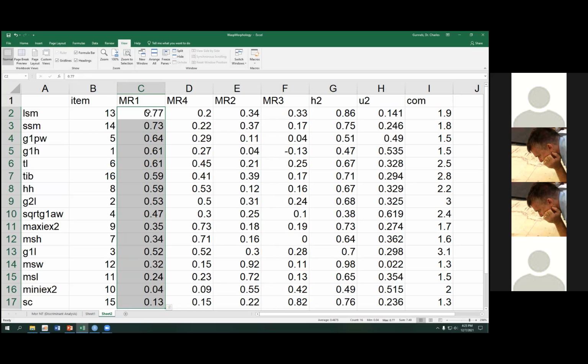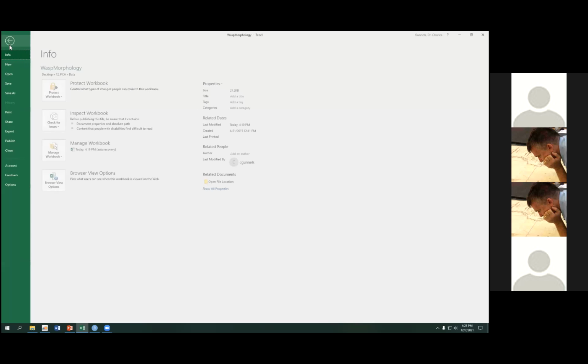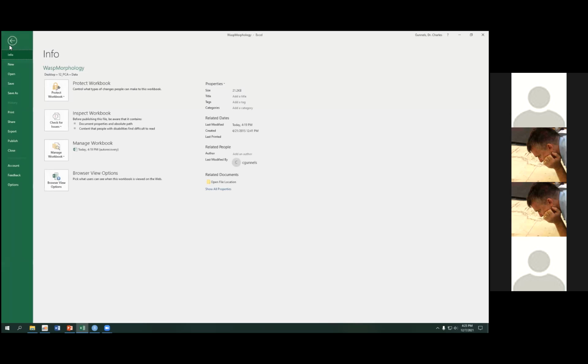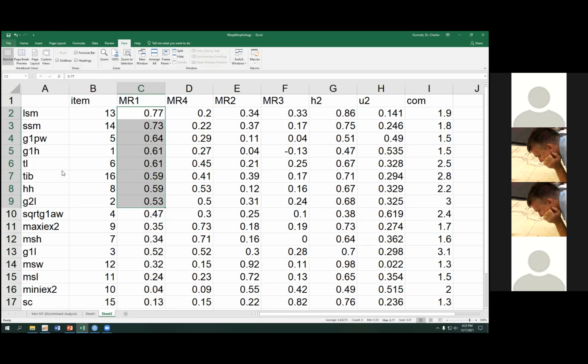We pay attention to loadings that are either 0.5 and greater or negative 0.5 and less. And what I do with these is I put them in Excel, and I just start by highlighting things that are 0.5 and greater or negative 0.5 and less.